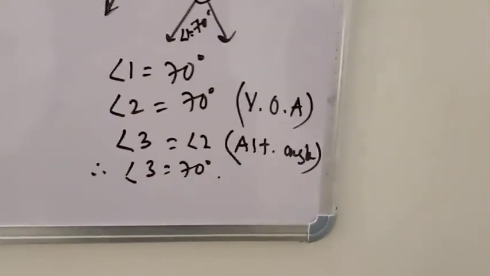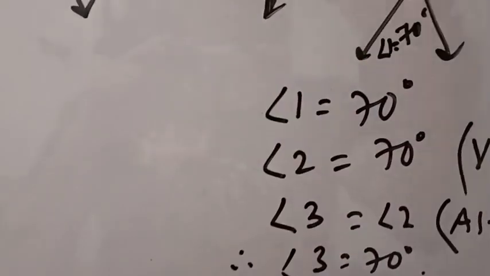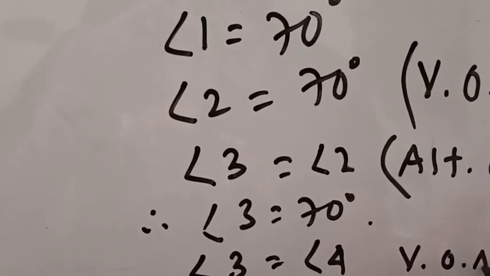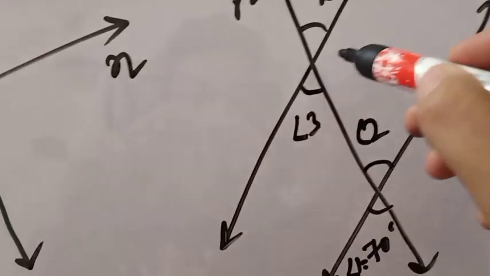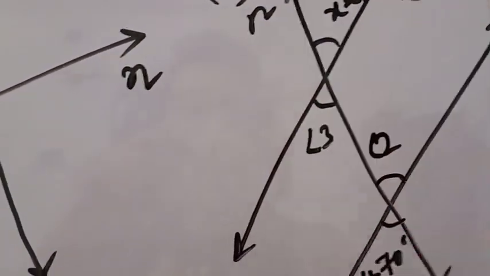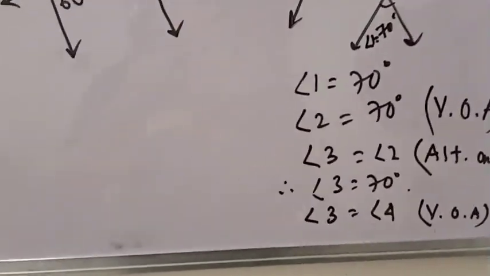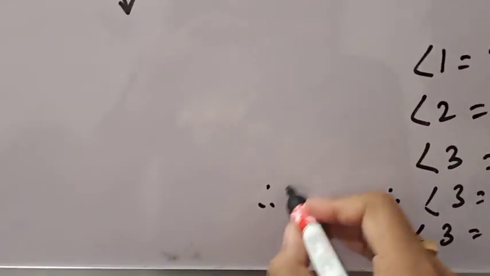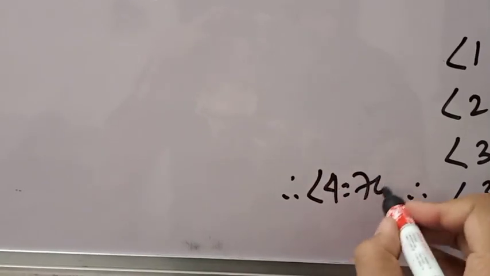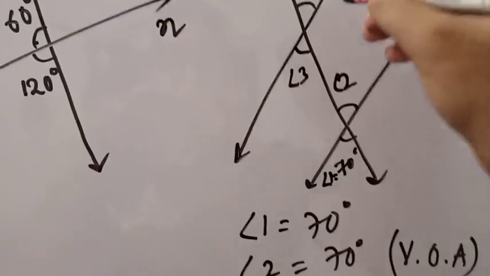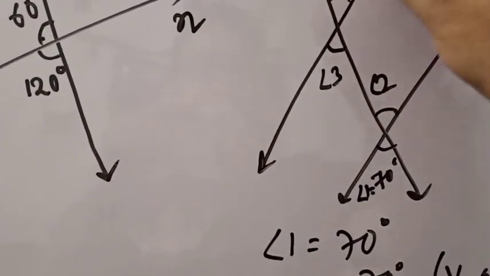Clear? Now angle 3 equals angle 4. Why? Because vertically opposite angle. Angle 3 and angle 4 are vertically opposite angles. So angle 3 equals angle 4, that means angle 4 is also 70 degree. Clear? So this equals 70 degree.